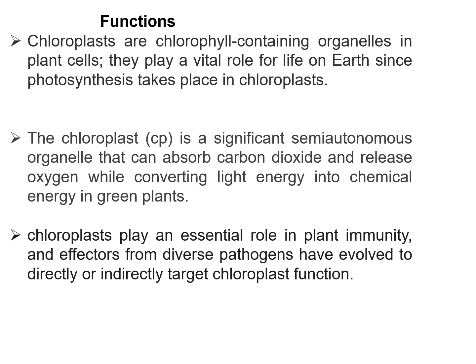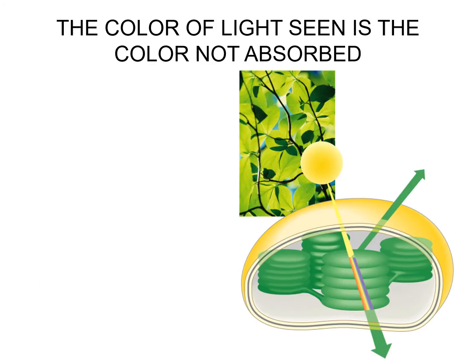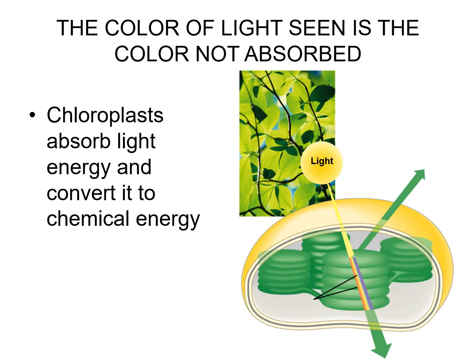Chloroplasts play an essential role in plant immunity, and effectors from diverse pathogens have evolved to directly or indirectly target chloroplast function. Chloroplasts absorb light energy and convert it into chemical energy in the process of photosynthesis.